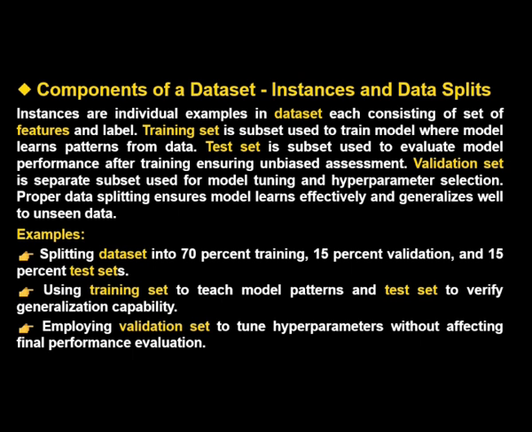To properly train and evaluate a model, datasets are divided into three main parts: training dataset, validation dataset, and testing dataset. The training dataset is used to train or develop a particular model.